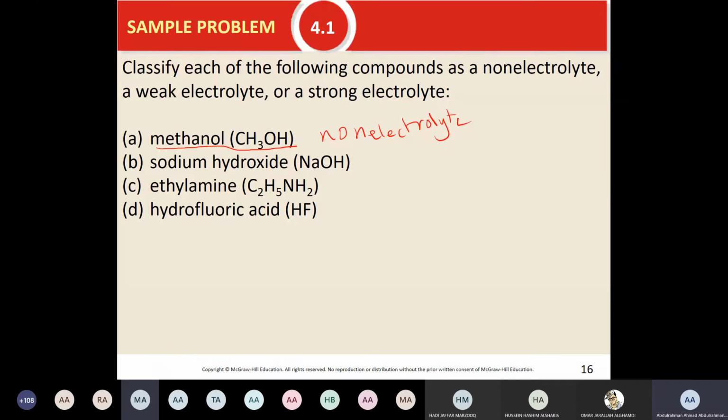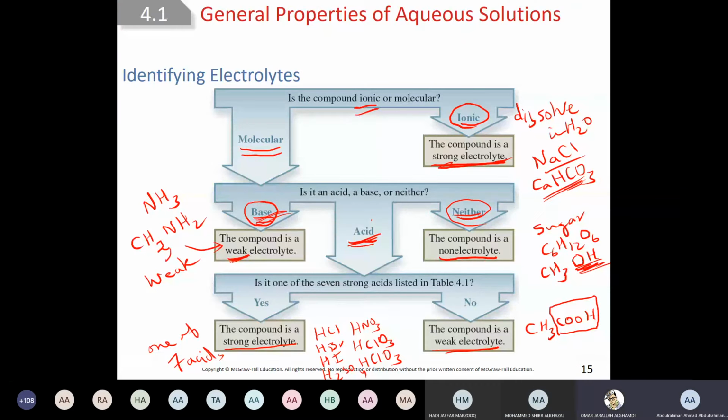Good. Next, NaOH. Strong electrolyte. Why strong? Because it is an ionic compound. If it is an ionic compound, then it will be a strong electrolyte. Good.